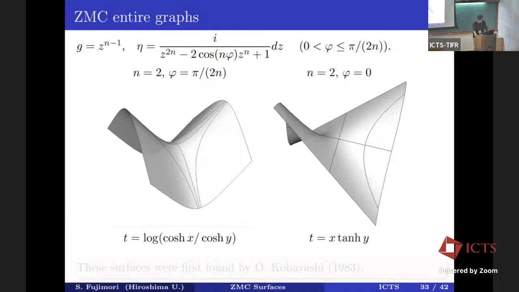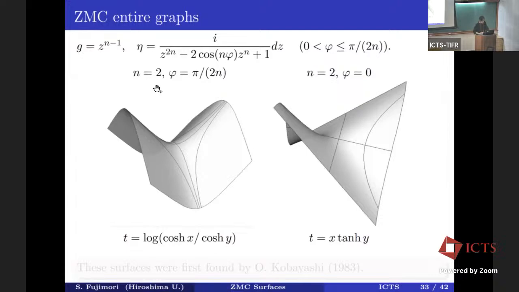Okay, now next we consider zero mean curvature entire graphs. So, for example, with these various data n and phi, we can choose n to be any positive integer, and phi is a real number between these two values.